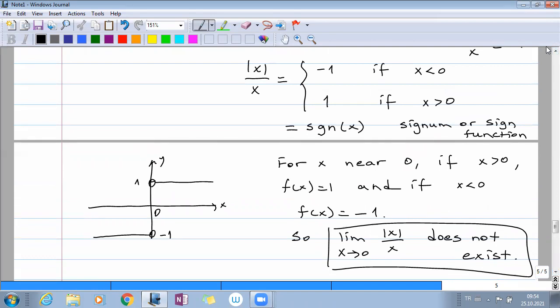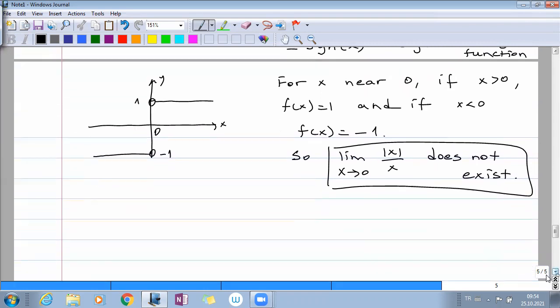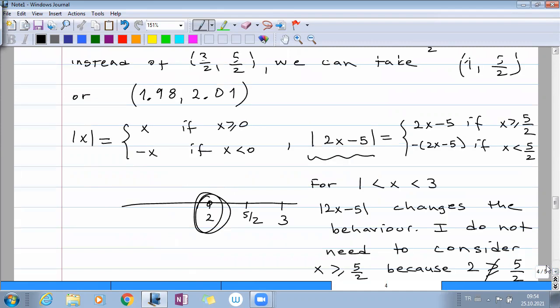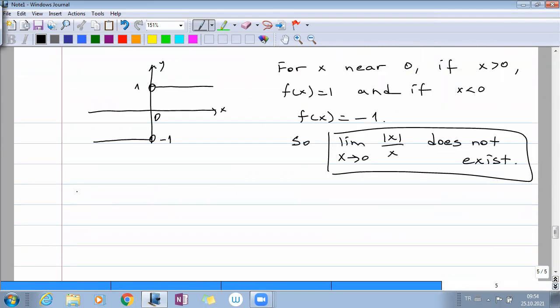Okay, so this is the definition. It is not only for this example. In general, we have the signum function. The definition is it is -1 if x is less than 0, and +1 if x is greater than 0.